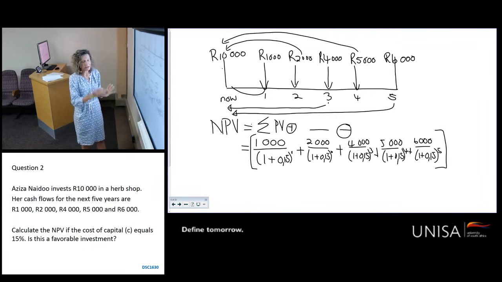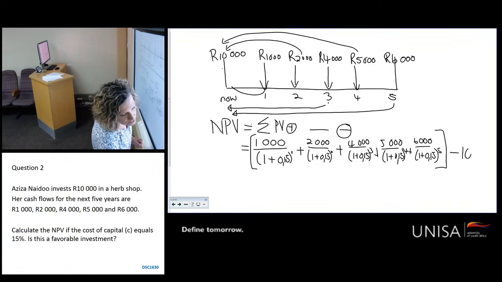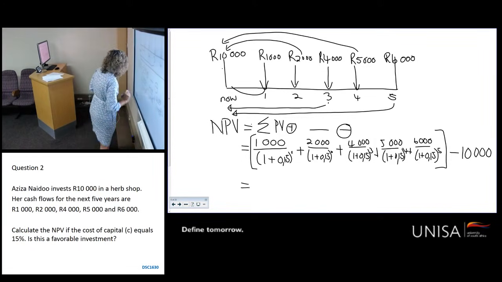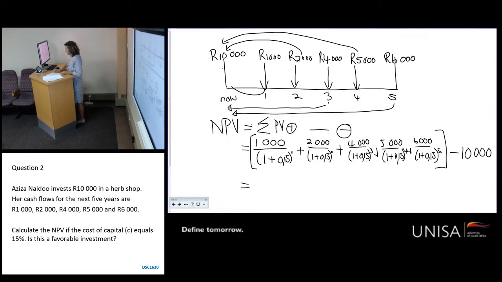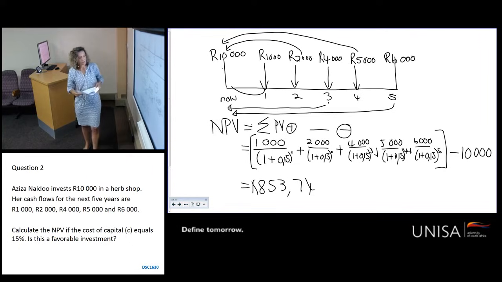So do the calculation, put it into your memory, and then subtract your 10,000 Rand. Now, if you calculate that, you will get an answer of 853.74 Rand. 853 Rand and 74 cents.